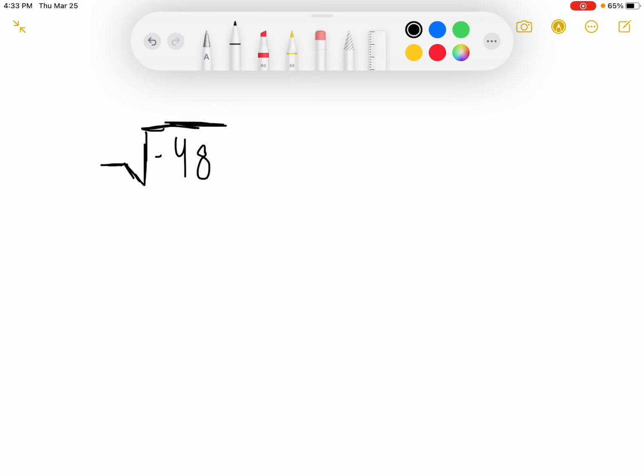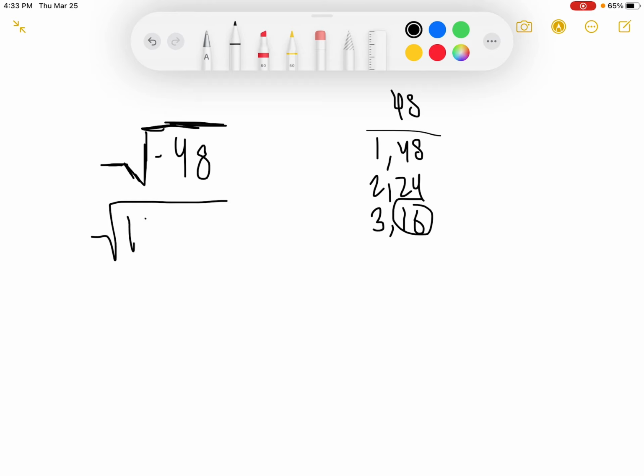So think of the things just like when we did factoring. What things multiply to equal it? 1 and 48 can, 2 and 24 can, 3 and 16 can. Well, we can just stop there. Are any of these something that you can take the square root of and get a non-decimal number? 16, we know that. So now we break it apart, and now we have 16 times 3.